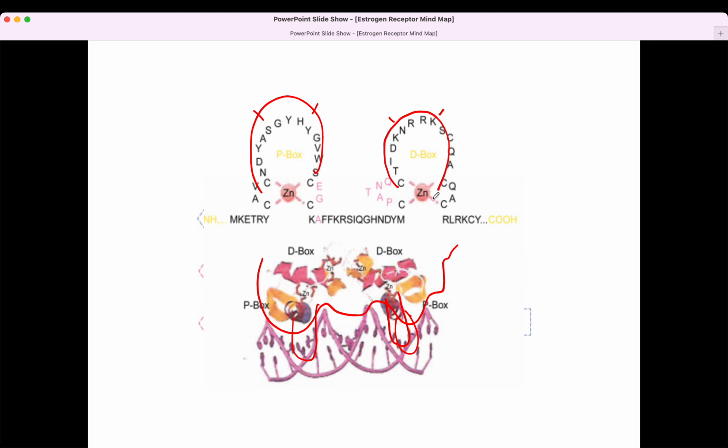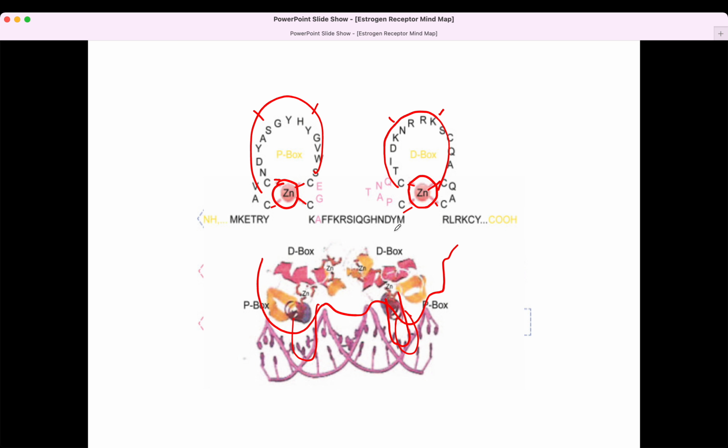And in all nuclear receptors, those fingers are held in place because there's actually zinc atoms that help coordinate and bind to the specific cysteines in the amino acids of the protein and stabilize that structure.